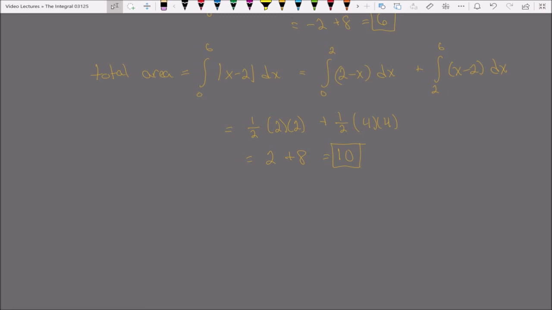What we want to do is see if we can find an easier way of evaluating an integral. And there is. And that is what we're going to start to look at in the next video in the series.